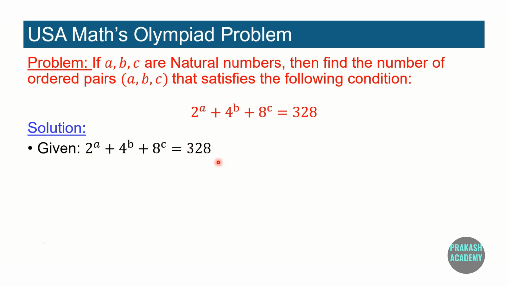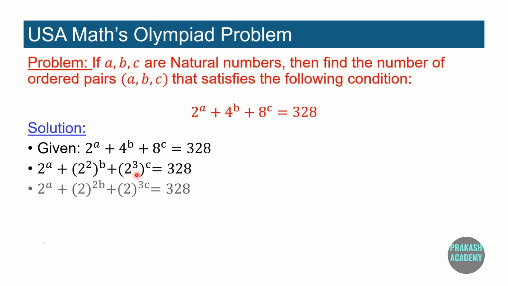So this is the problem. We have been given this condition. Now we can write 4 as 2 squared and 8 as 2 cubed. Now if you remember, a raised to the power m raised to the power n can be written as a raised to the power m times n.